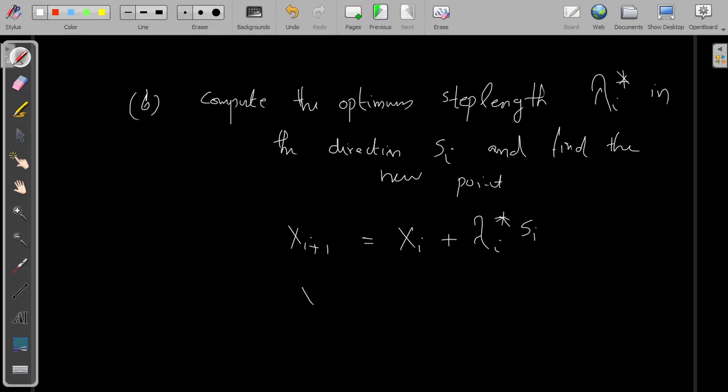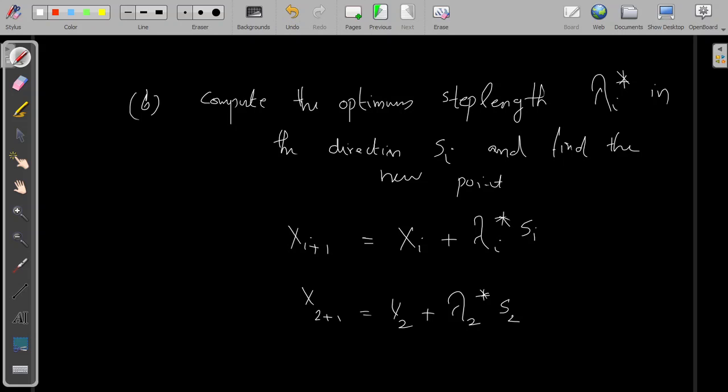In this case, X2 plus 1 equals X2 plus lambda 2 star S2. This gives a new trial point, or new optimum solution point.